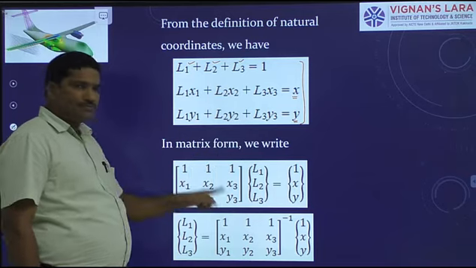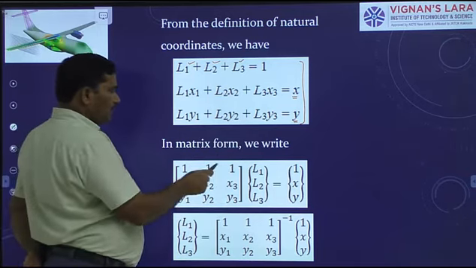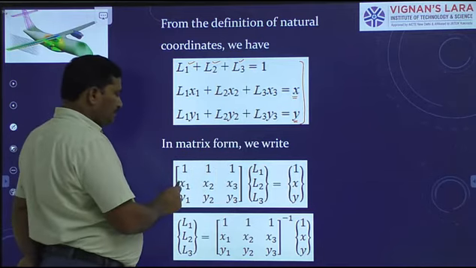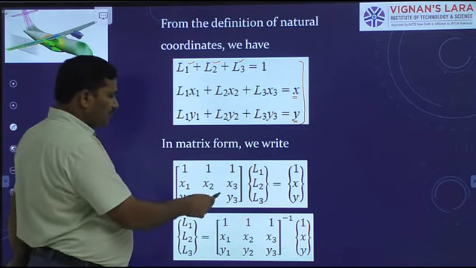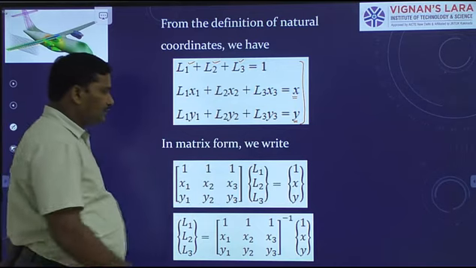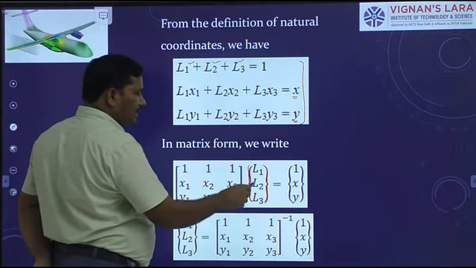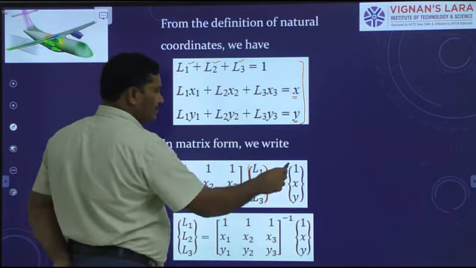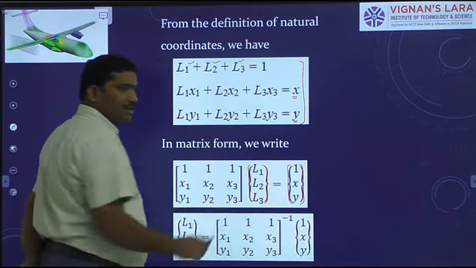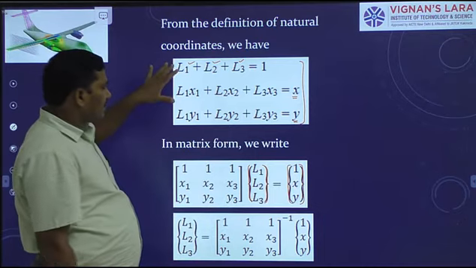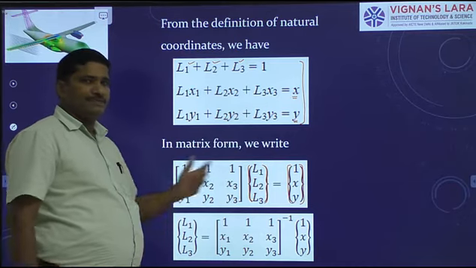A matrix of size 3 by 3 having elements 1, 1 and 1 in the first row, x1, x2, x3 in the second row, y1, y2 and y3 in the third row, times a column matrix having the elements L1, L2 and L3, which equals a column matrix having the elements 1, x and y. This set of equations is represented in matrix form like this.